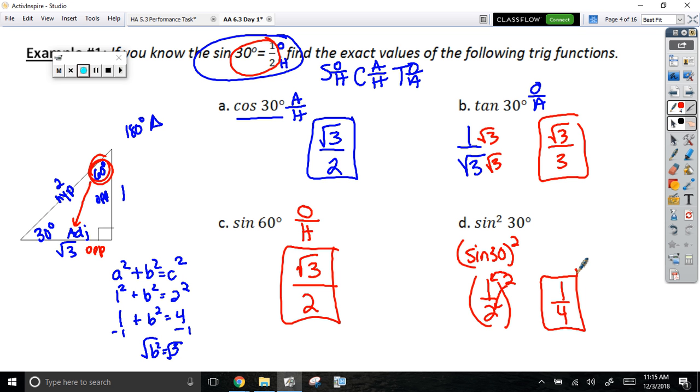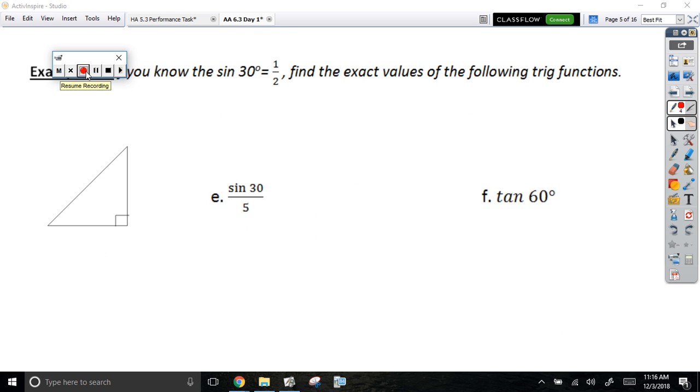And our next one, for part E, some technical difficulties here. Okay, so let me just jot down my picture again. So that's sine 30 divided by 5. Remember, the sine 30 was given to us. That's 1/2 divided by 5.